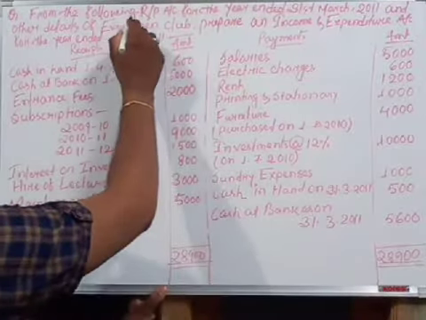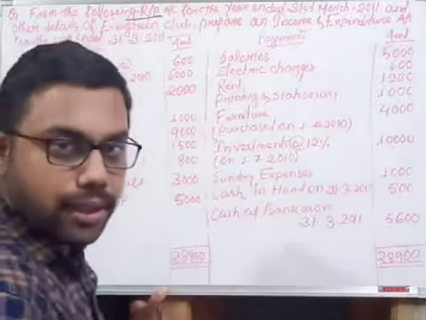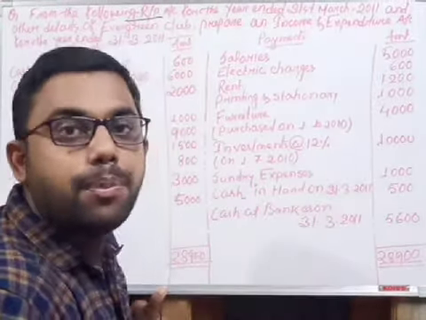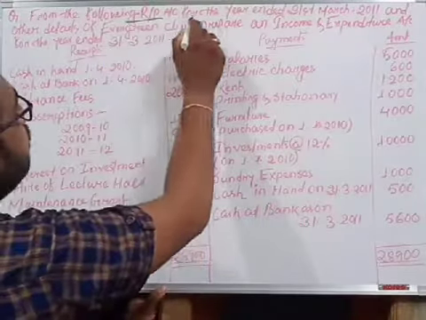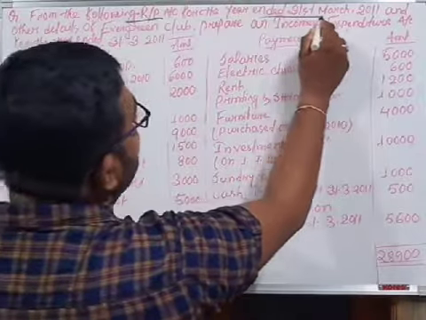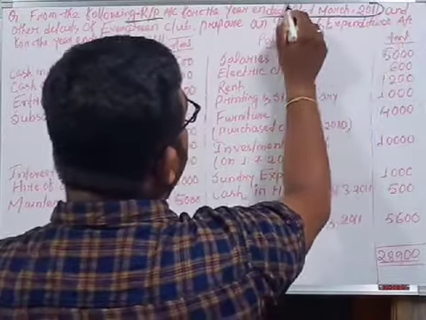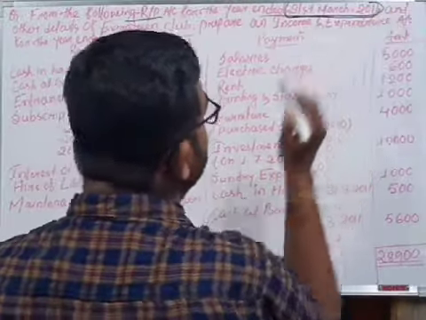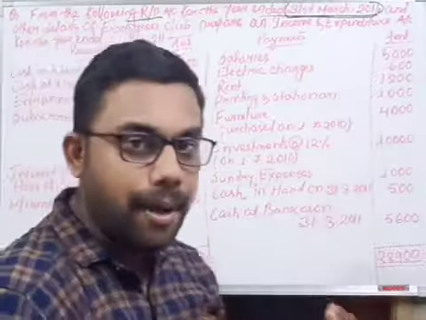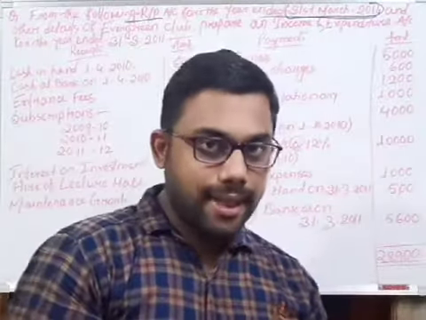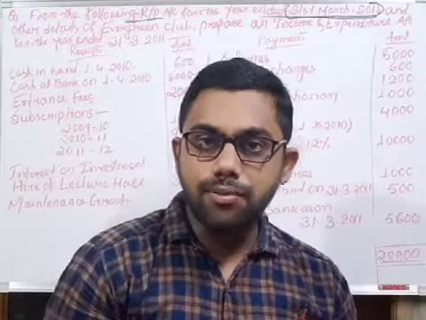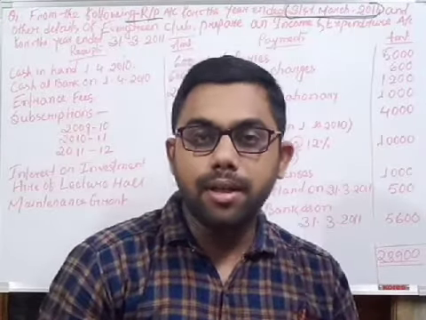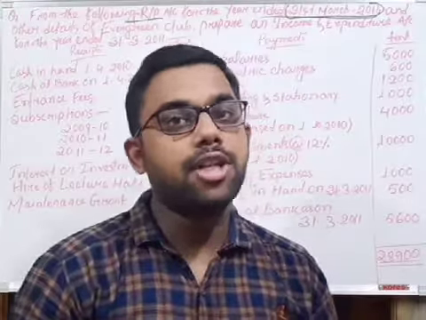From the following receipts and payment account, so we all know that income and expenditure account is prepared from receipts and payment account, for the year ended 31st March 2011. This is the year ending date. In this question our accounting year starts from 1st April and ends on 31st March.